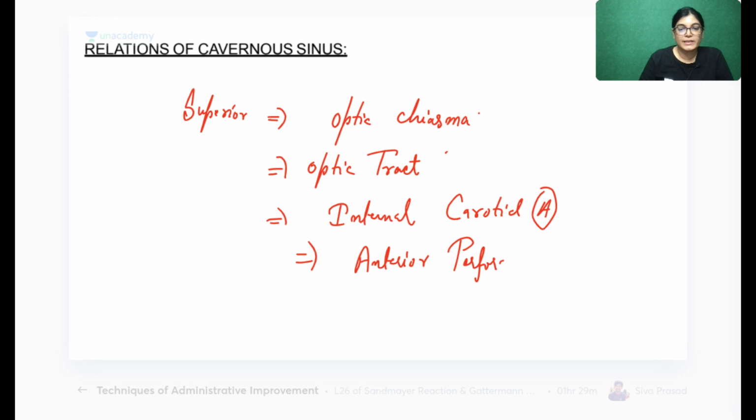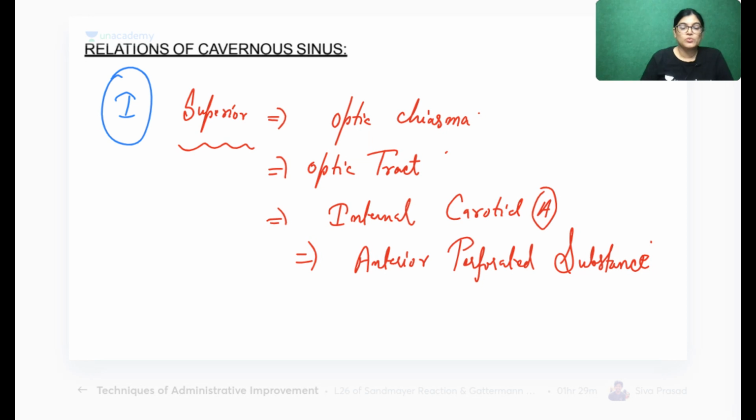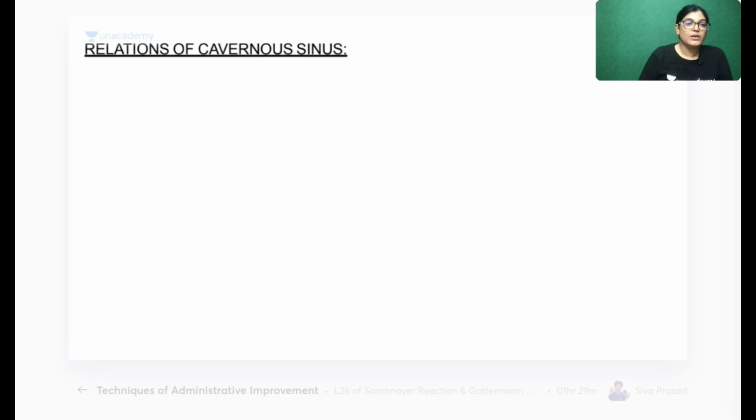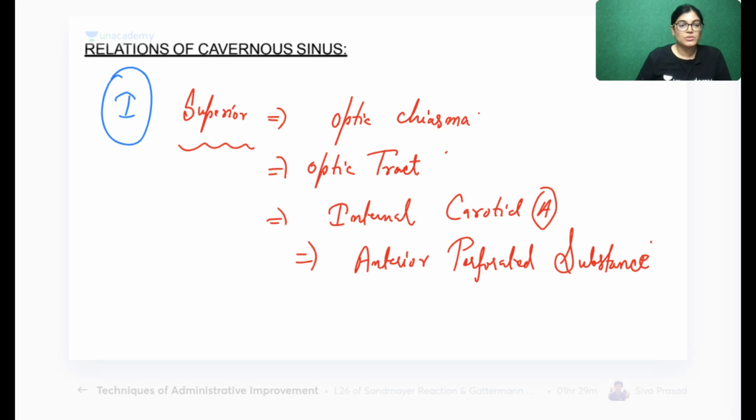So if we talk about the superior relations, that is optic chiasma, optic tract, internal carotid artery, and anterior perforated substance.